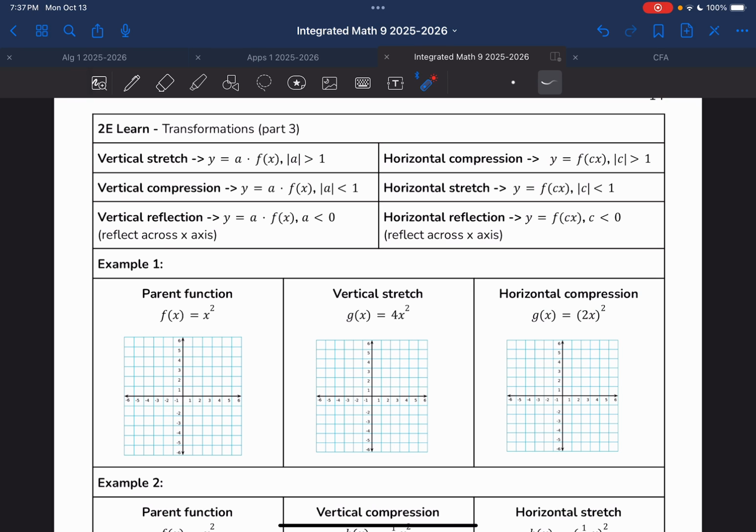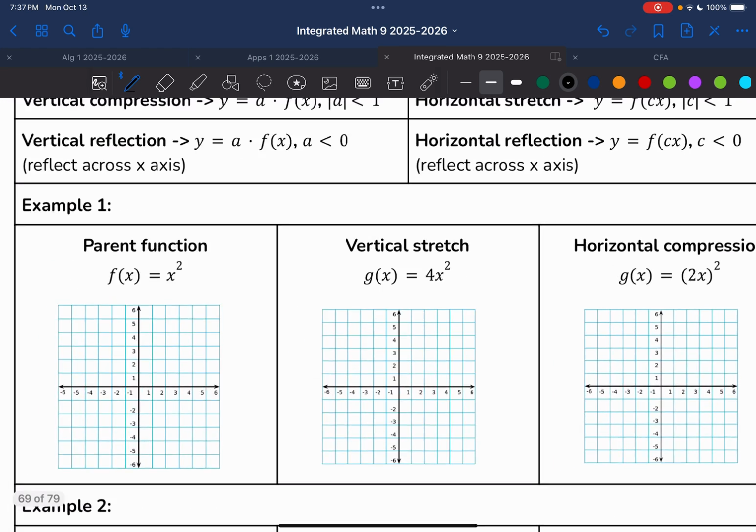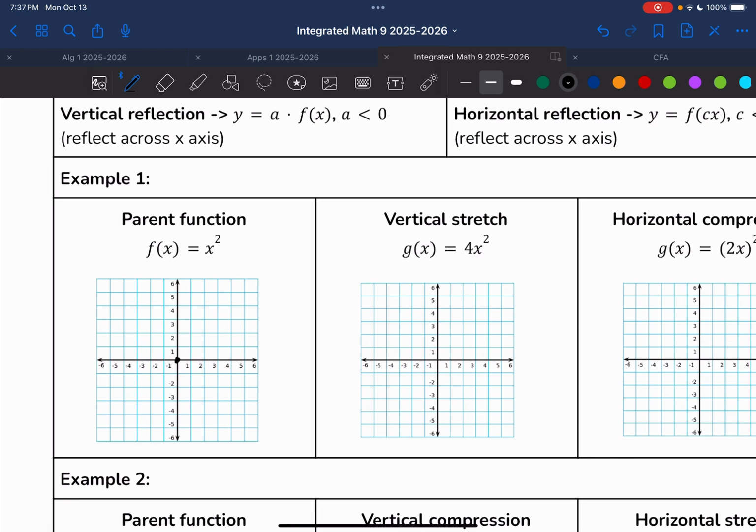And the interpretation there is we're taking horizontal space and making it happen twice as fast. So now when you go from 0 to 1, it's actually like going 0 to 2. So in our parent function, we have 0, 0, 1, 1, 2, 4. Those are our first 3 points.